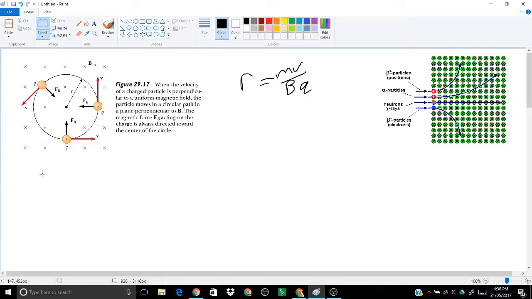Period, moving through a circle. Let's get my brush back up. So period moving through a circle, T equals circumference over time equals distance on speed. Okay, so we've got that.